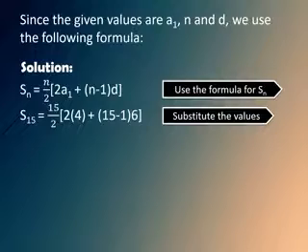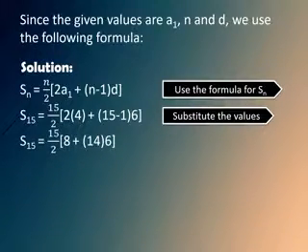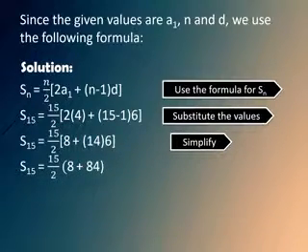Next, operate for the sum. It becomes S sub 15 is equal to 15 over 2 times the quantity 8 plus 14 times 6. Simplify, it becomes S sub 15 is equal to 15 over 2 times the quantity 8 plus 84.